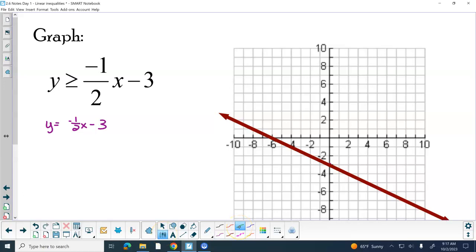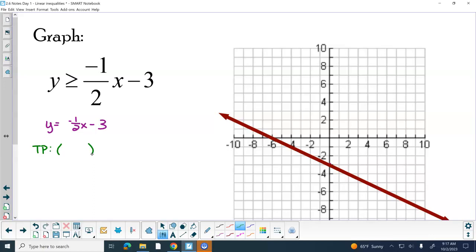I need to pick a test point. What is the easiest of all of the test points? The origin. The only downfall is if your line goes through the origin, you can't use it. It's got to be off of your line. I'm going to pick the origin.